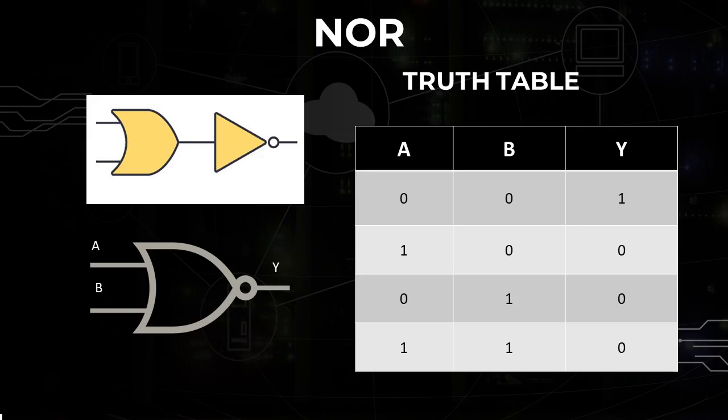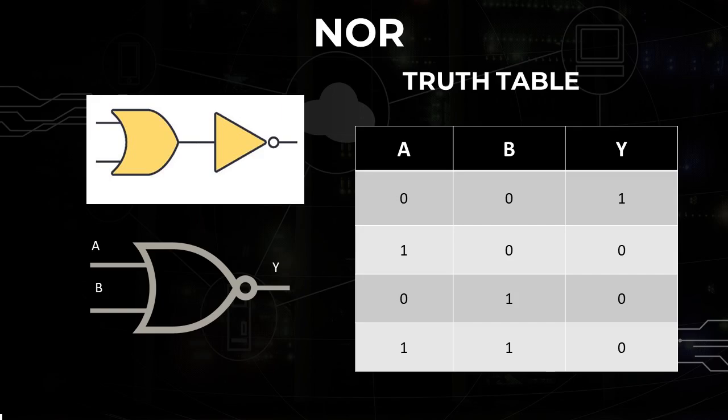When A is equal to 1 and B is equal to 0, the output is 0 because at least one input is high, so the NOR output becomes 0. When A is equal to 0 and B is equal to 1, the output is 0 since at least one input is high and NOT inverts the OR result to 0.